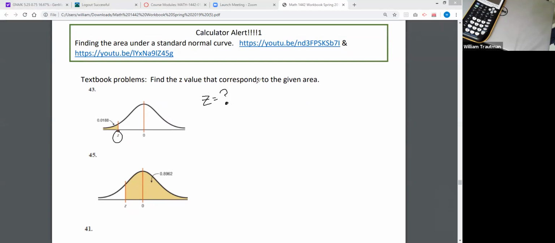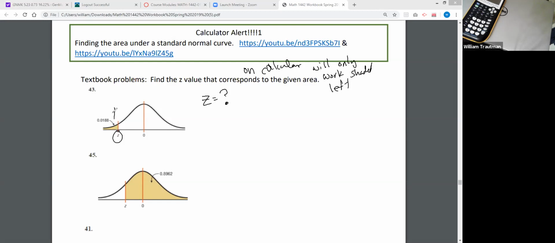And by the way, on the calculator, it will only work for shading to the left.